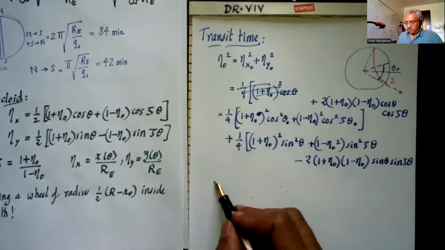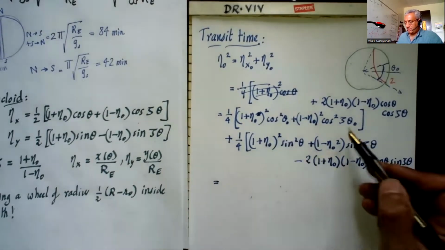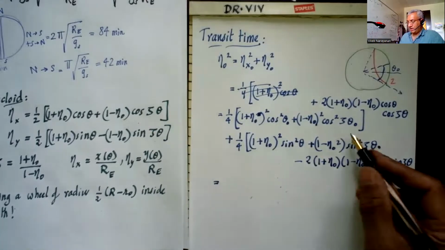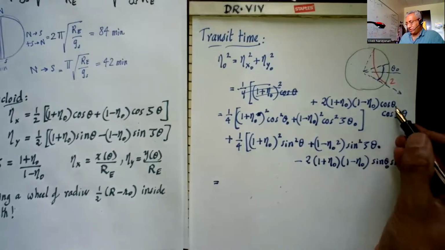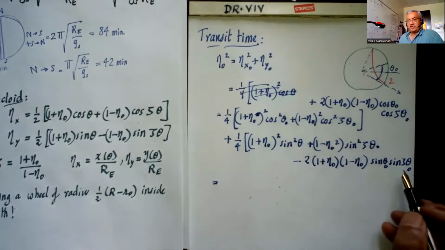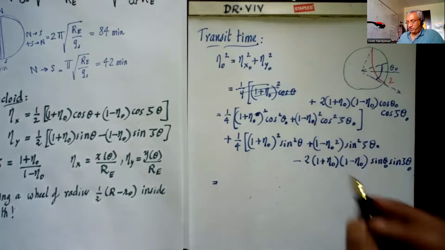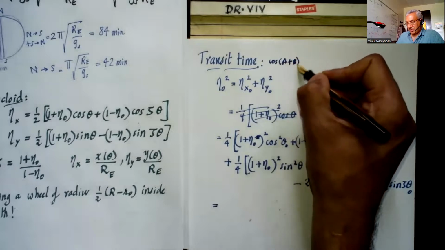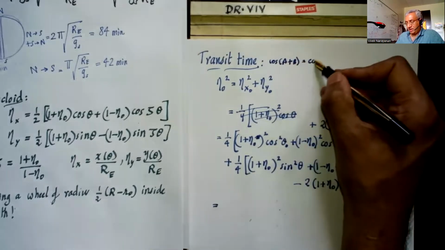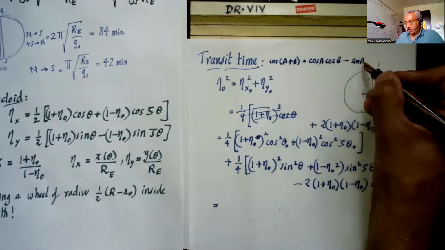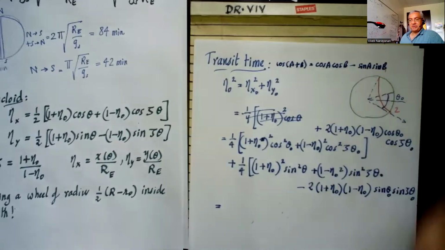So when I add these two terms, cosine squared plus sine squared is 1, cosine squared zeta theta naught plus sine squared zeta theta naught is also 1, and cosine theta naught cosine zeta theta naught minus sine theta naught sine zeta theta naught is just cosine of a plus b, because if you recall, cosine a plus b is cos a cos b minus sine a sine b. So I have to use that.